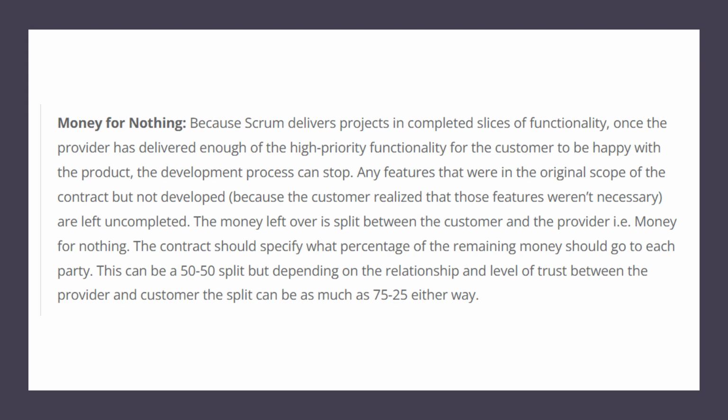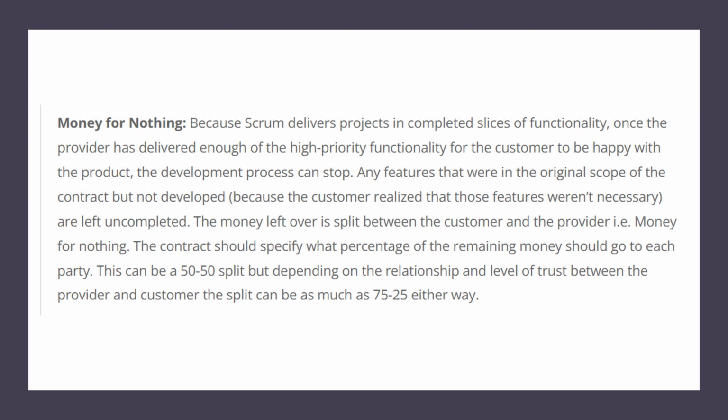Any features that were in the original scope of the contract but not developed, because the customer realized that those features were not necessary and were left uncompleted, the money left over is split between the customer and the provider. That is money for nothing, right? If there is no delivery, no money.